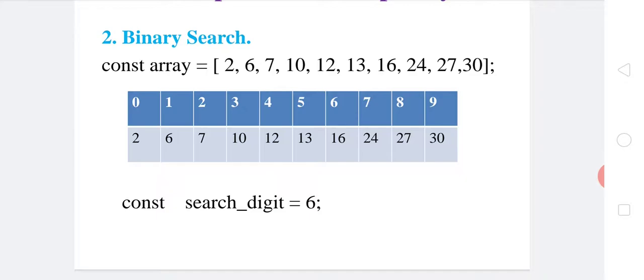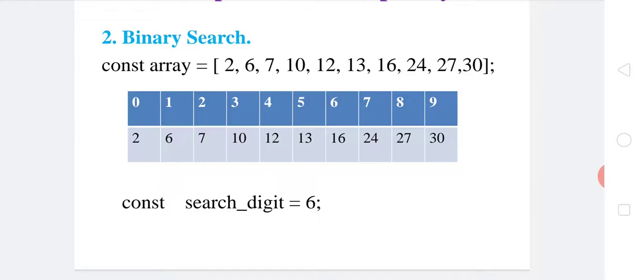How to calculate mid value? Mid is equal to beginning plus end. Now in this table, beginning is 0 and the end is 9. 0 plus 9, 9 divided by 2. The answer will be 4. We get index 4 which contains value 12.